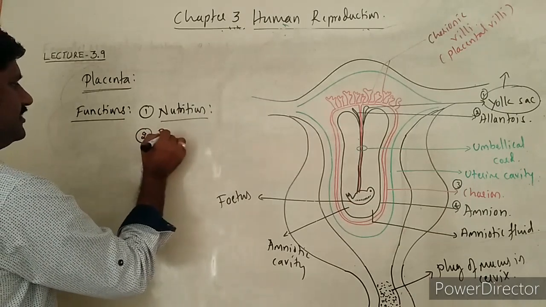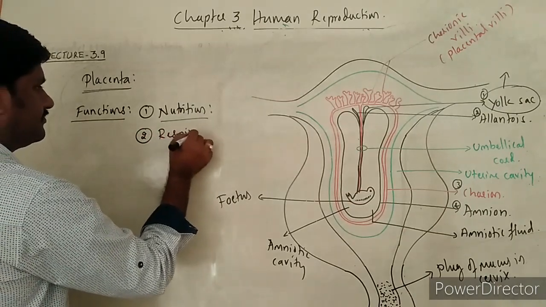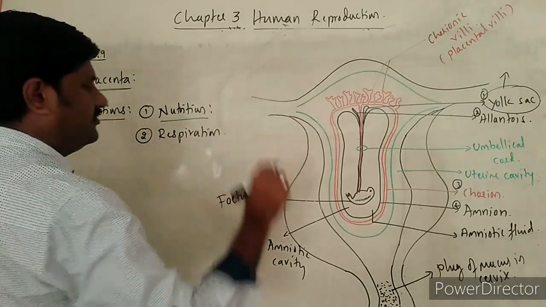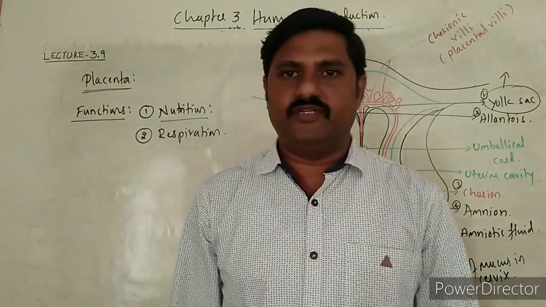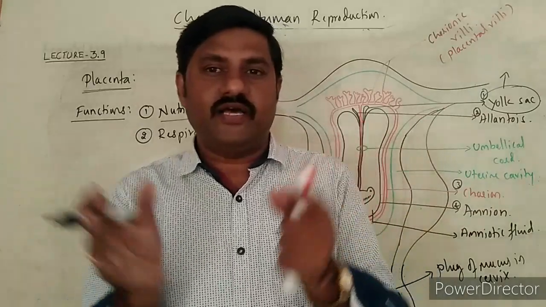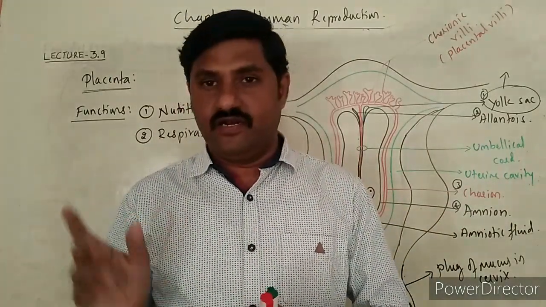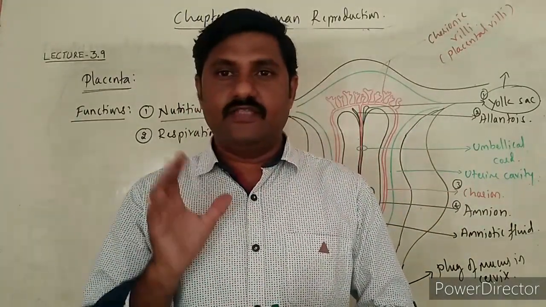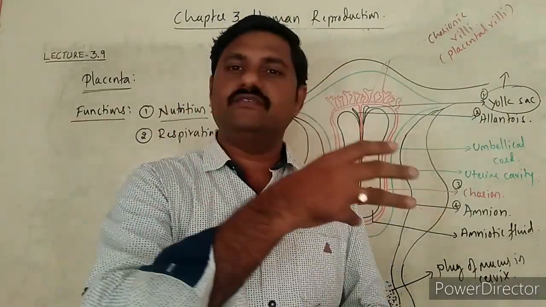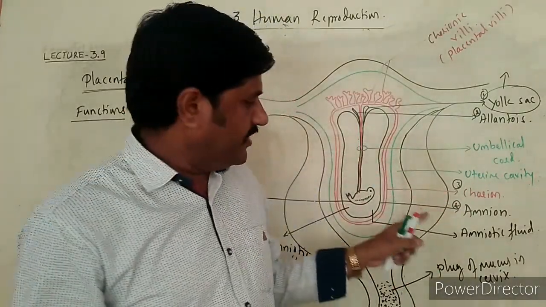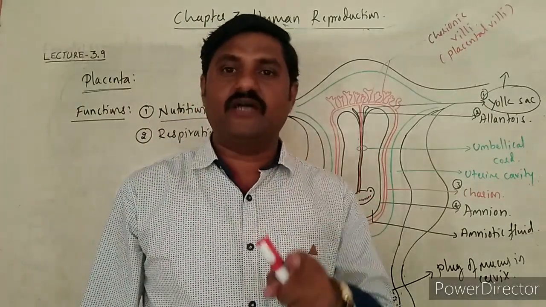And second one, respiration. As you know, in the placenta, what happens? The blood that comes to the placenta from the maternal tissue carries the oxygen, and that oxygen is provided to the developing embryo through the placenta.